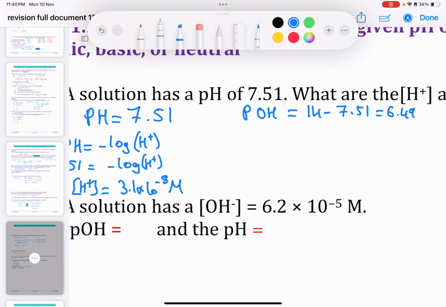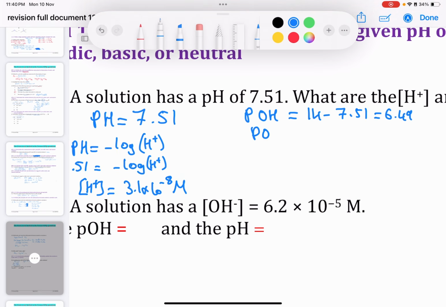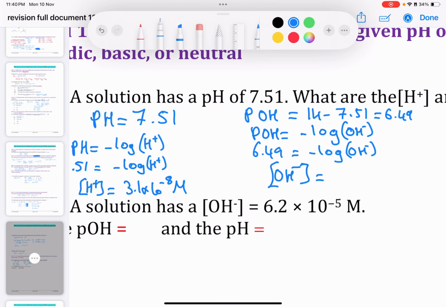Don't forget the unit. pOH, on the other hand, is equal to minus log OH minus. So 6.49 equals minus log OH minus, plugging it into my calculator, I get the concentration of hydroxide ion to be 3.2 times 10 to the power negative 7 molar.